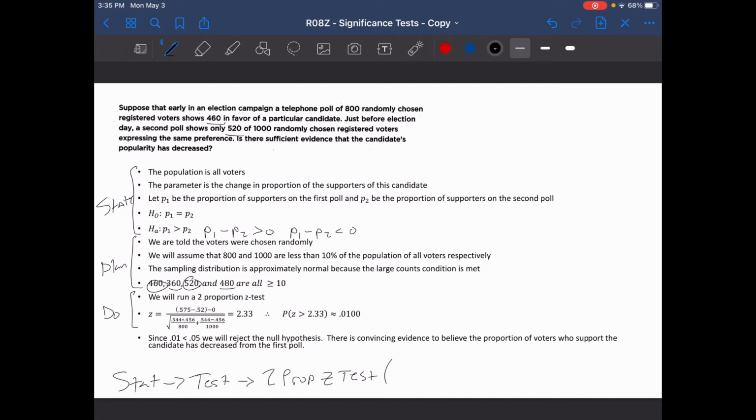Okay, and then from there, we would include our x1 of 460 in this case, our n1 of 800. So 460, 800. Our x2 of 520, and our n2 of 1000.